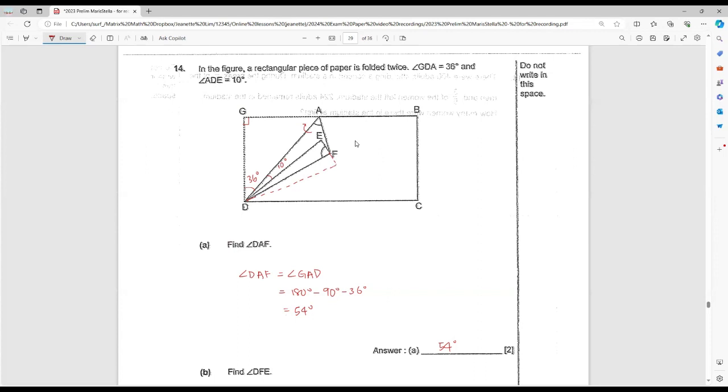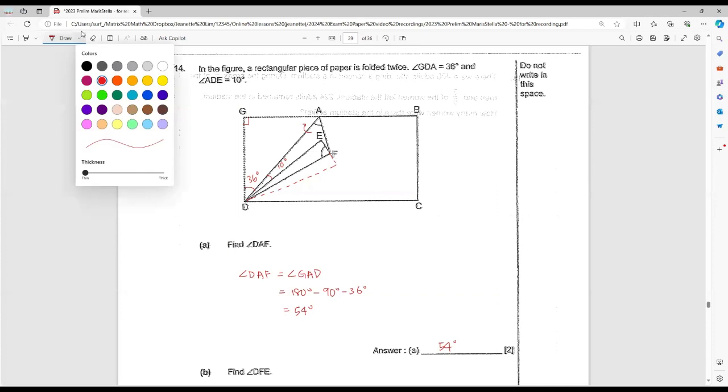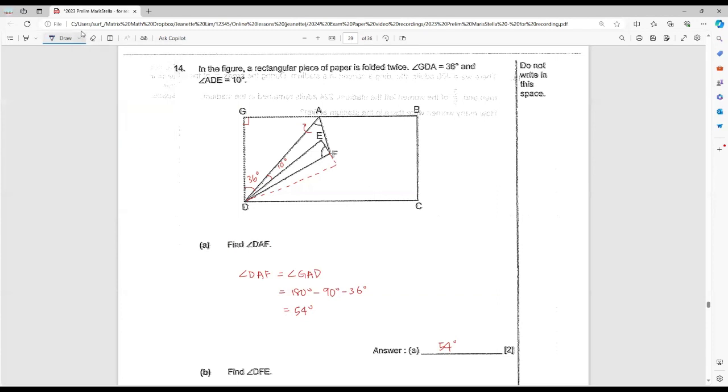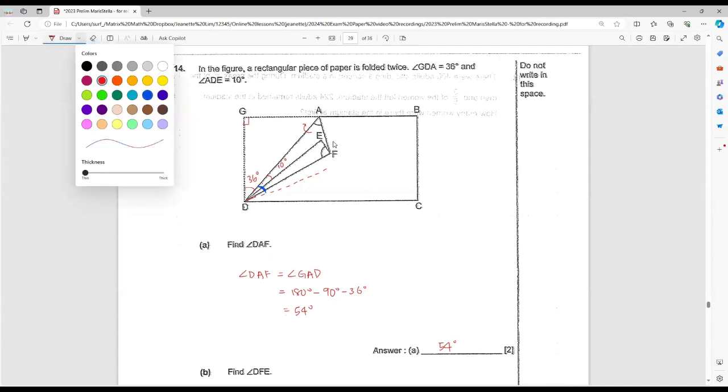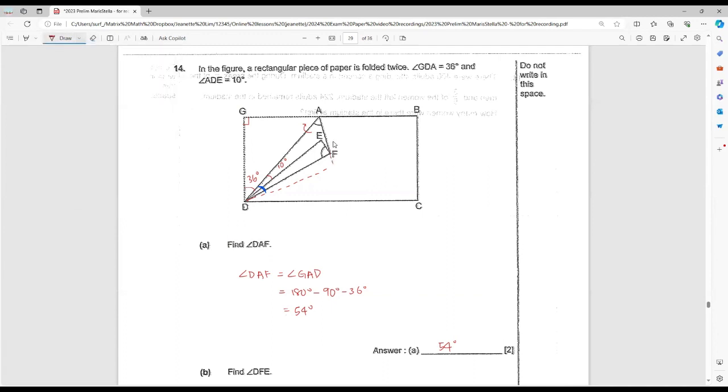So this 10 is actually the same. Sorry, not a 10, but this 36 is actually this whole thing here. Let me redraw this. So this 36 here is actually the same as this part here.